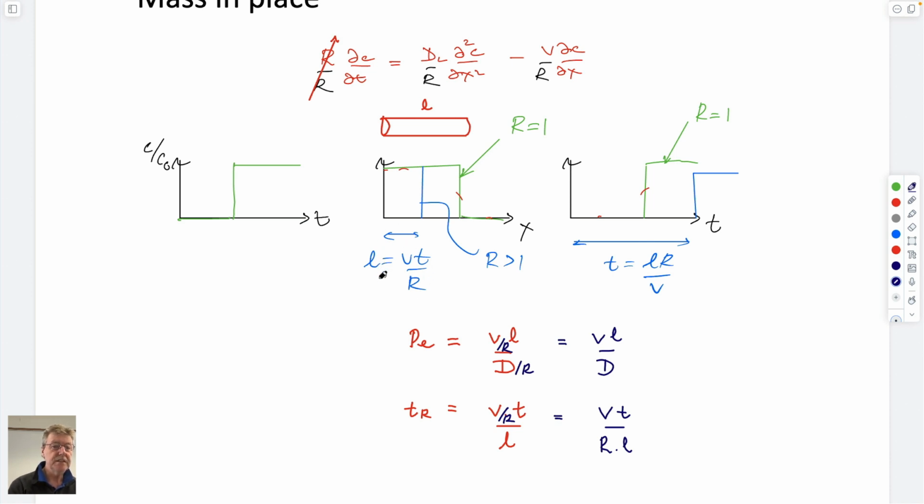When this is equal to 1, it's broken through. So the retardation really only affects this pore volume term. It cancels out top and bottom on the Peclet number, so it doesn't affect it.